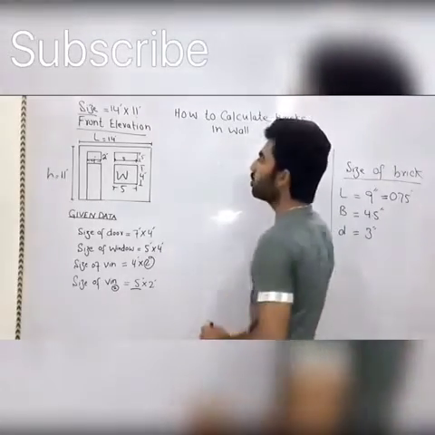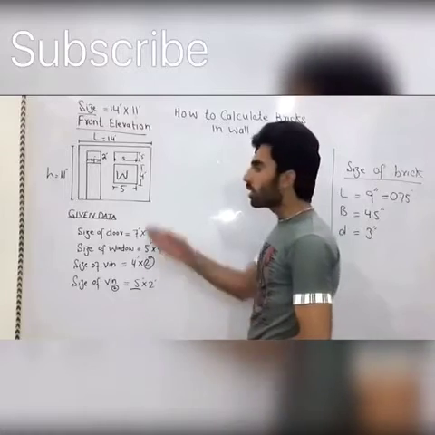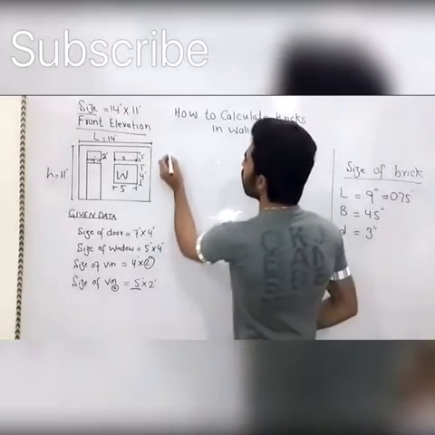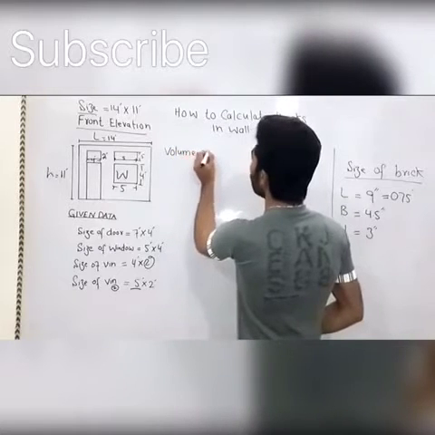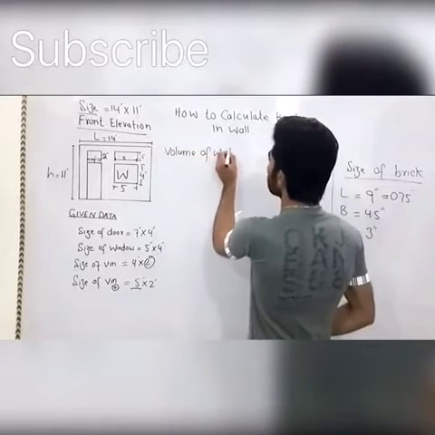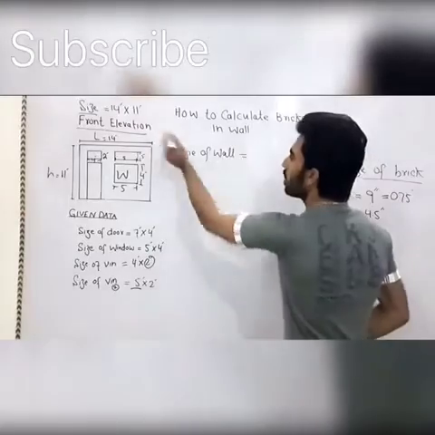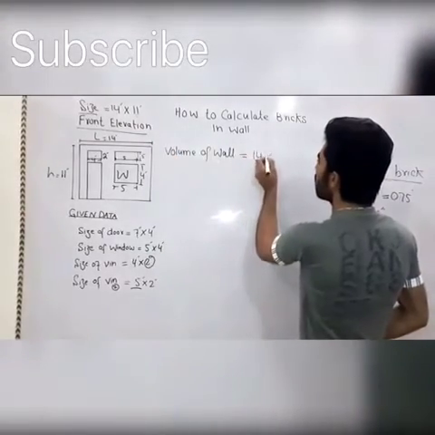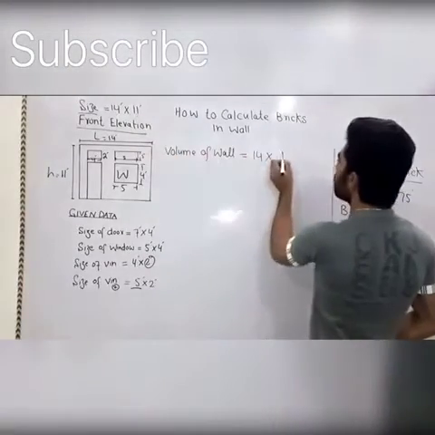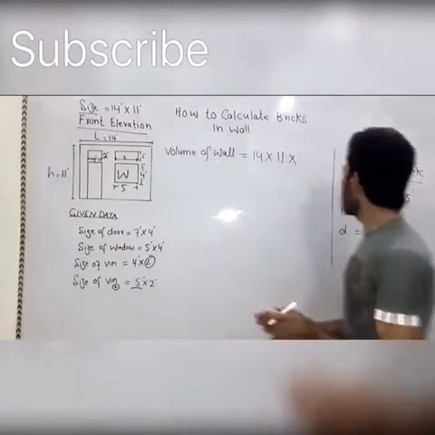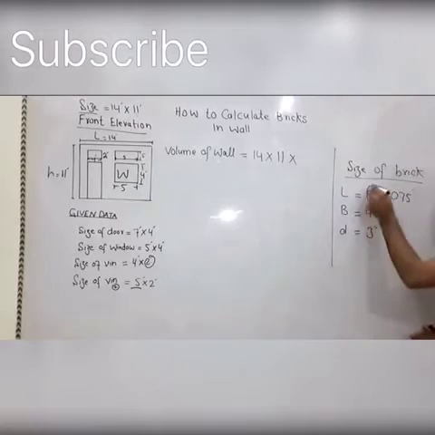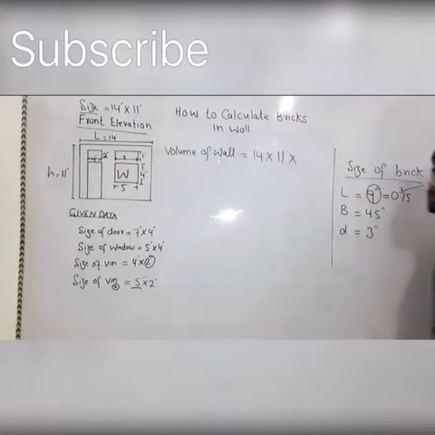Now I want to calculate the volume for this section. Volume of wall is equal to 14 feet multiplied by 11 feet multiplied by the thickness of the wall, 9 inch, which is 0.75 feet.